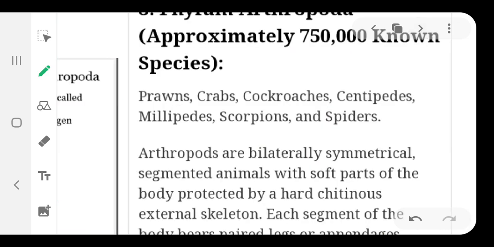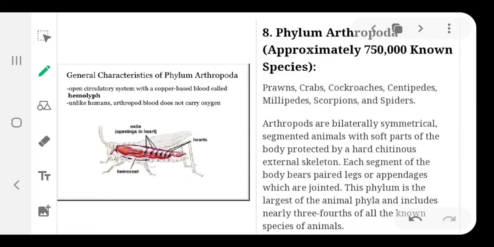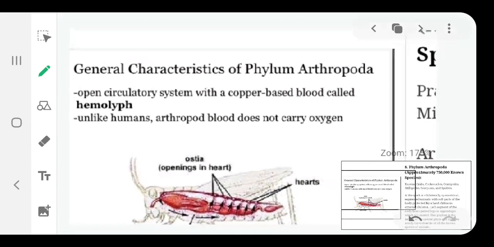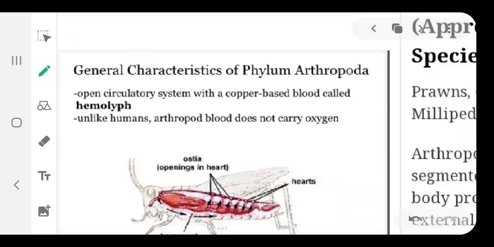Arthropods. Then here we have some of the terms that you should be knowing. As you can see the insect here, which is quite familiar nowadays, looks close to the locust family. So you can see the first word is called hemolymph. Underline this word. They have an open circulatory system.